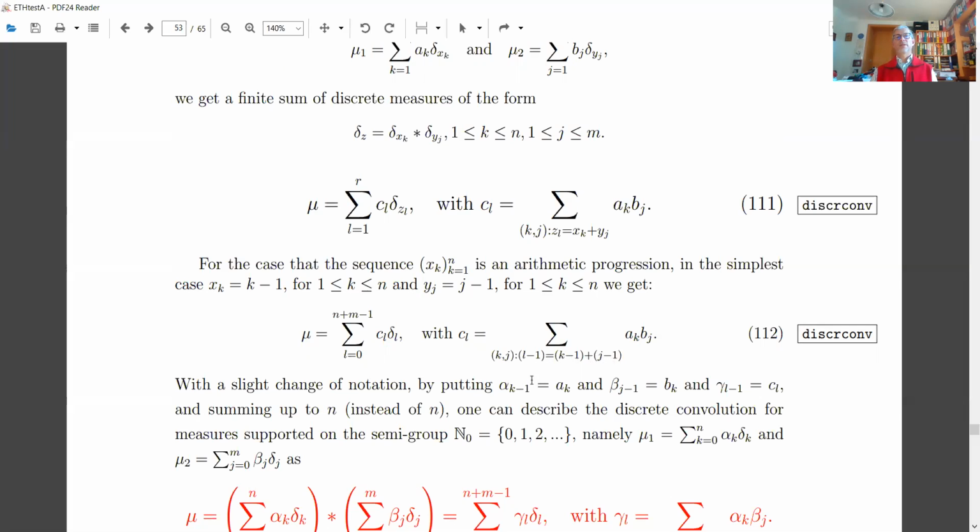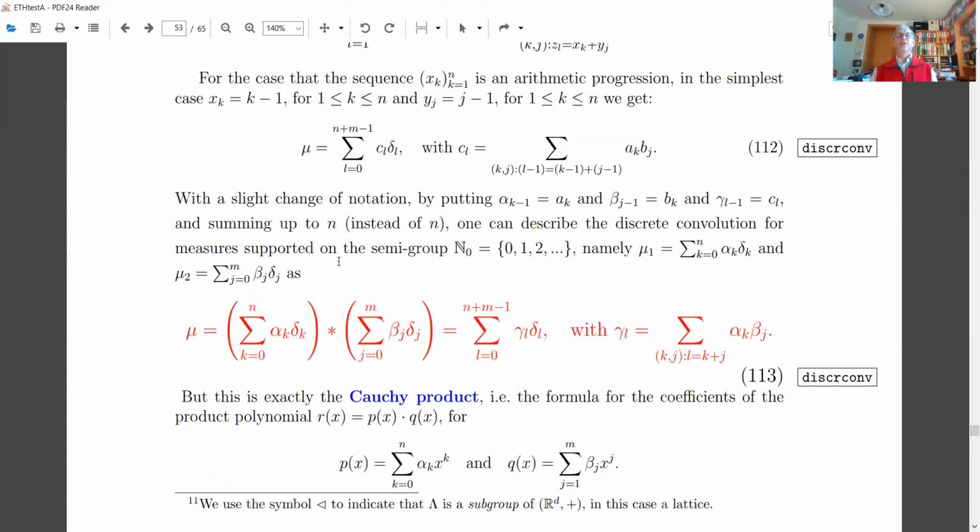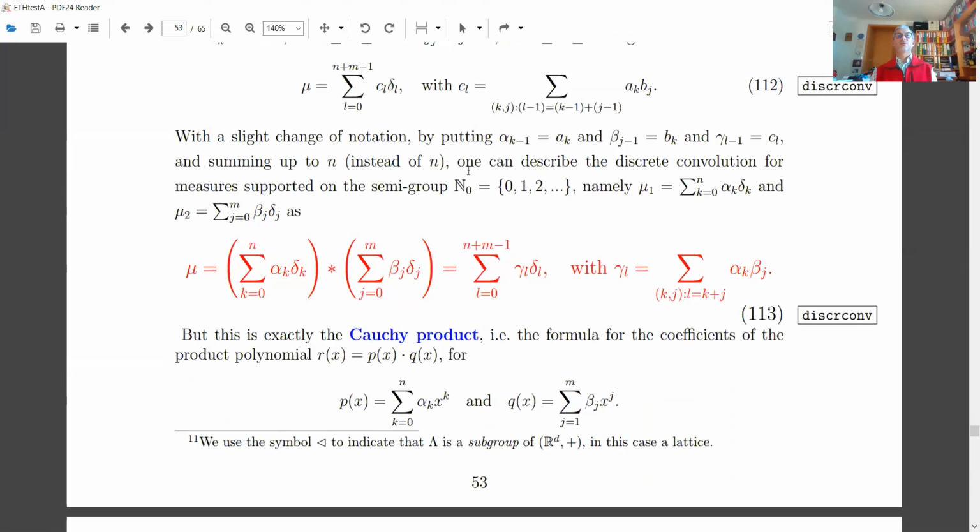Of course, you can write l equals k plus j minus 1, but that would disguise a little bit what I have in mind, because from the first line 111 now to 112, I was changing the parameters and starting by 0. Now, why I'm doing this will be visible in a moment. So I'm changing now slightly the notation, and instead of a, I take alpha and beta.